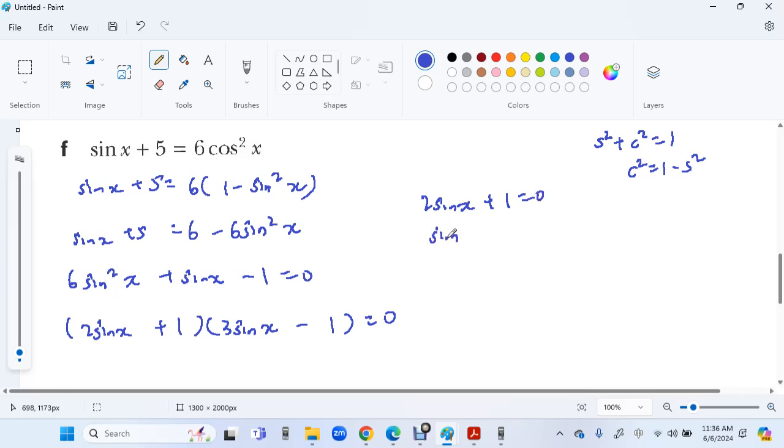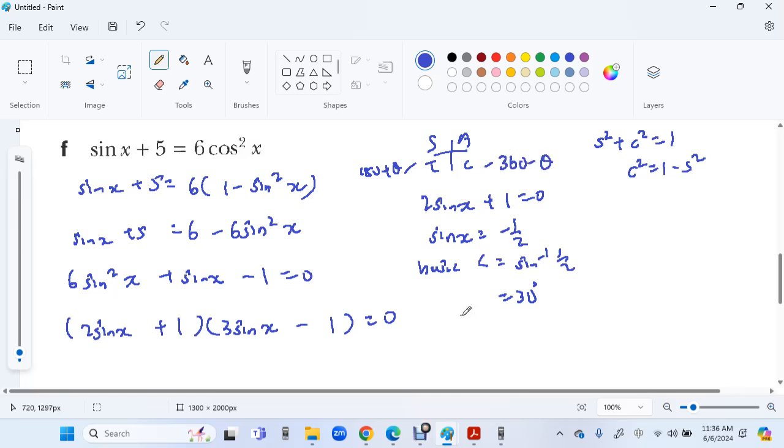Then sine x will be negative half, and the basic angle will be the arc sine of half, which is 30 degree. And we have the ASTC, sine negative will be the 180 plus and the 360 minus. So x is 180 plus 30, which is 210, and 360 minus 30, that is 330.